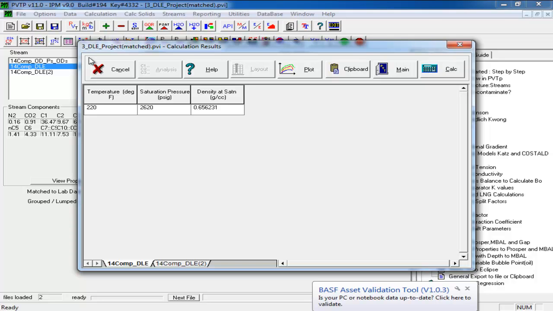And that can be shown here. So we have a two-phase diagram. So this is the critical point.